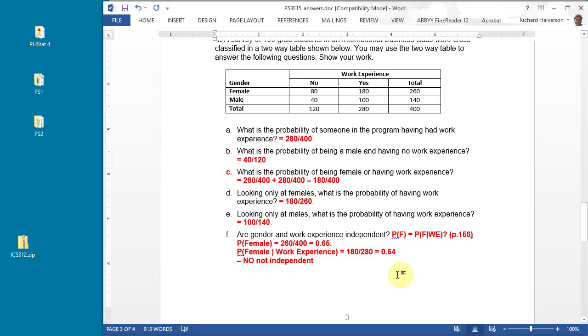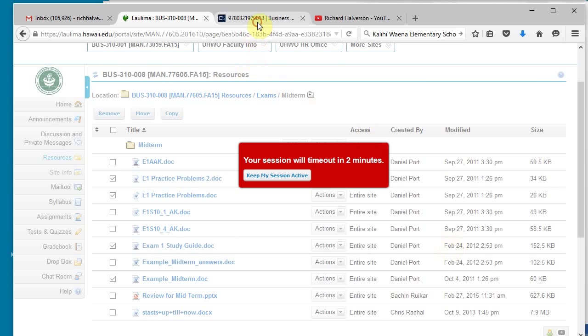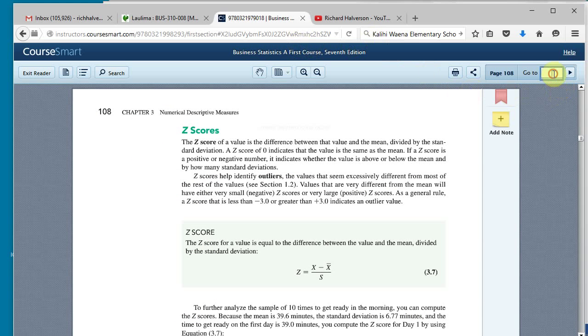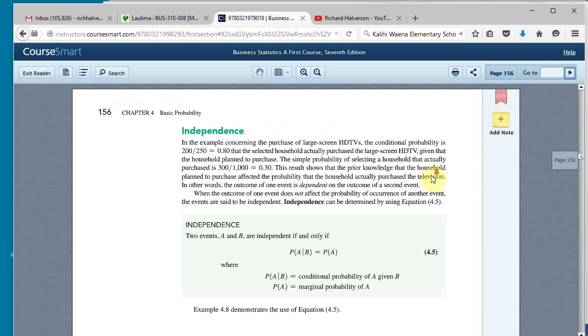The last one is: are gender and work experience independent? If you look on page 156 of your text, we see independence here.